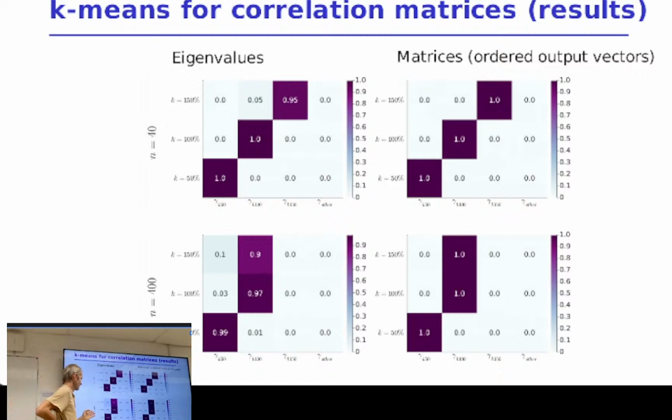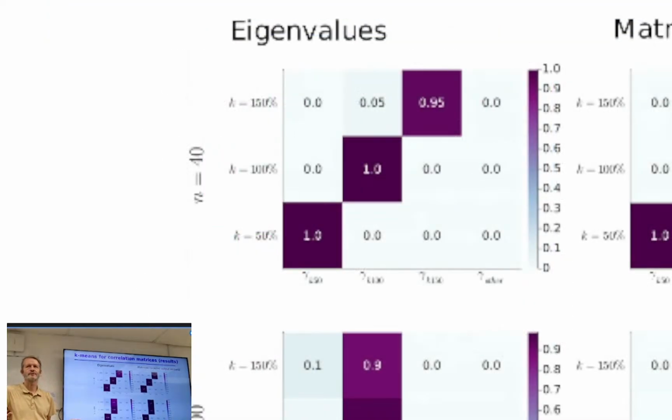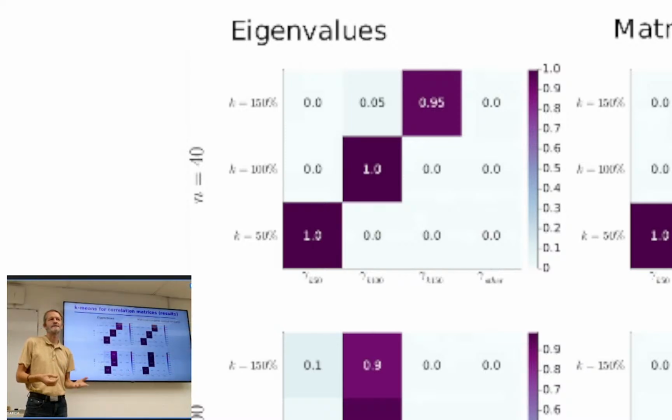For a larger number of neurons, it seems that it does not work. So it seems that if you increase the number of patterns too much, then simply the correlation matrices become indistinguishable. That would mean that you can distinguish the amount of patterns as long as you are below the capacity of the network.